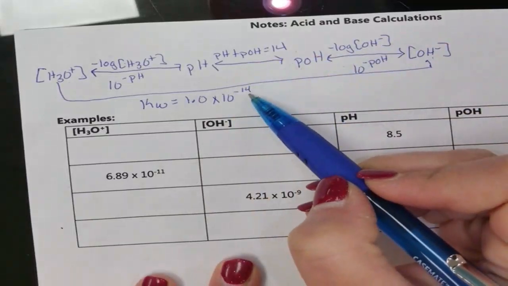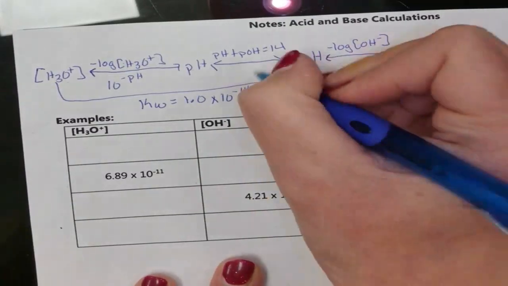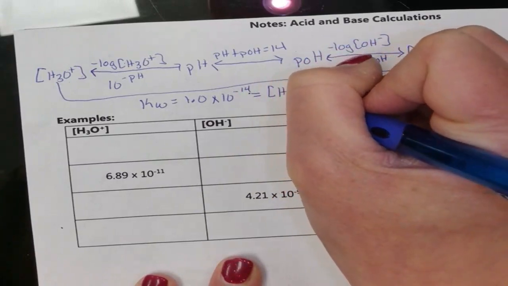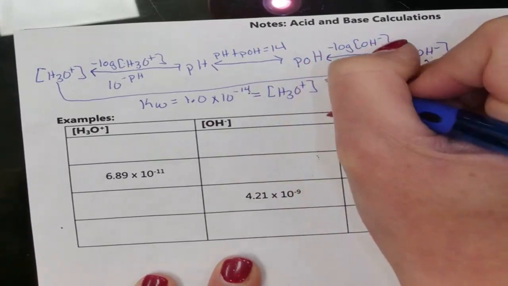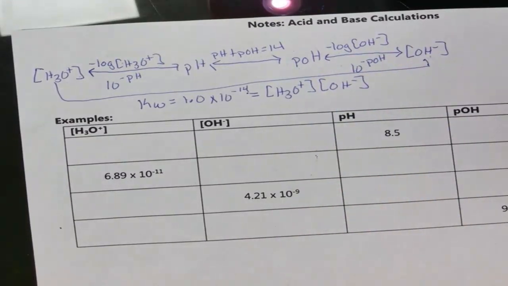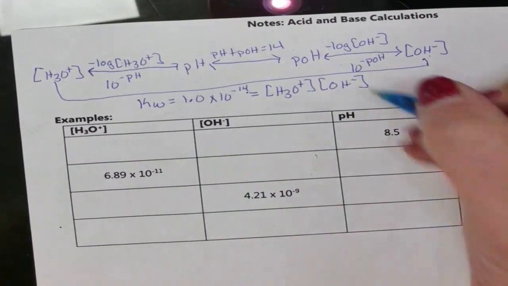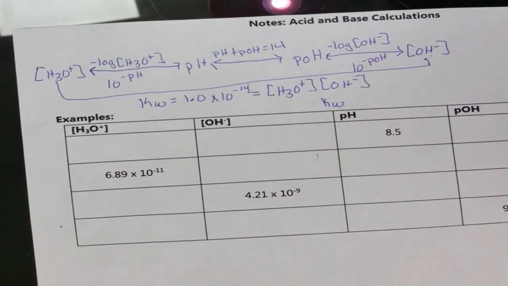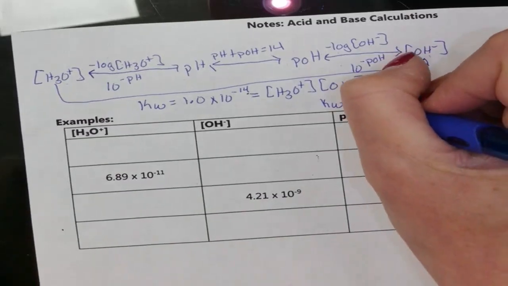All right, and check out our pH scale there, it goes to 14. And that is going to be equal to the concentration of the H3O plus times the OH minus. So the hydronium times the hydroxide, where Kw is my equilibrium constant for water.